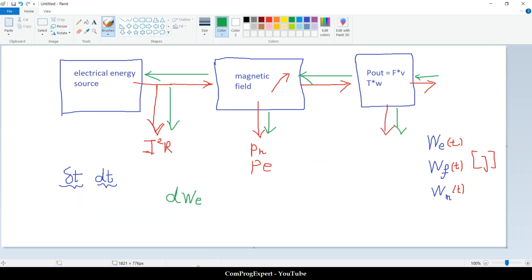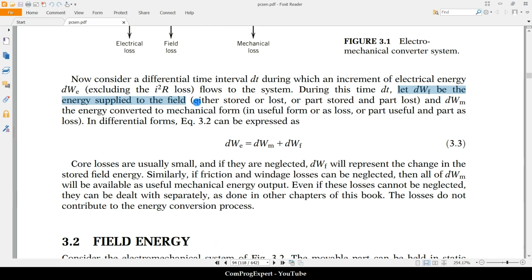So dWf is energy supplied to the magnetic field, either stored or lost, or part stored and part lost. And dWm, the energy converted to mechanical form, again in useful form or loss, or part useful and part as loss.